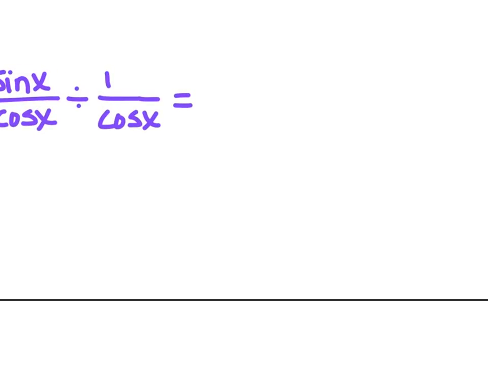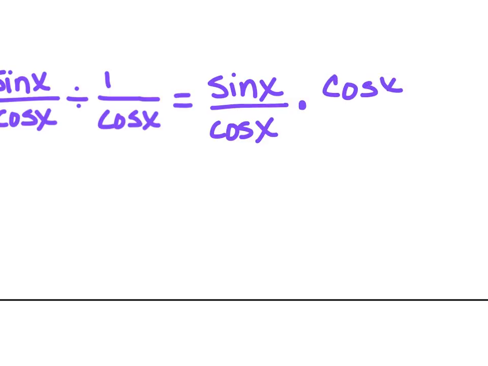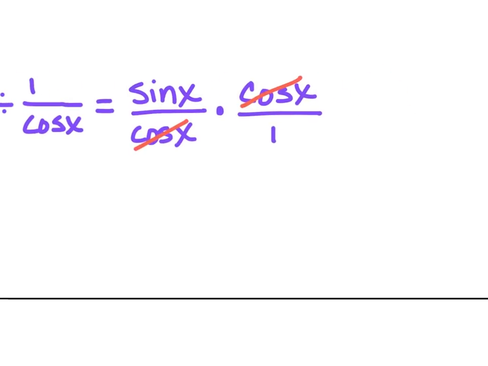So that becomes sine of x over cosine of x times, but then you flip the second fraction. So that's going to be cosine of x over 1. We can cancel the 2 cosines, and our final answer is going to be just sine of x.